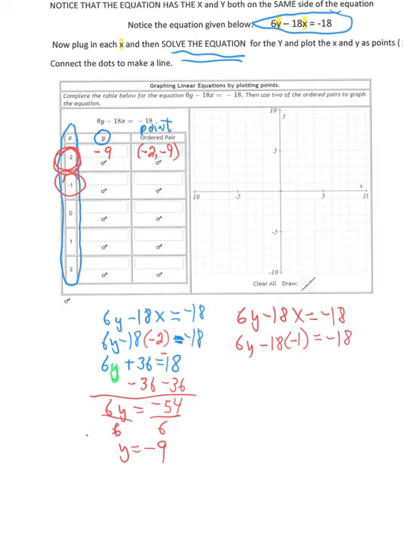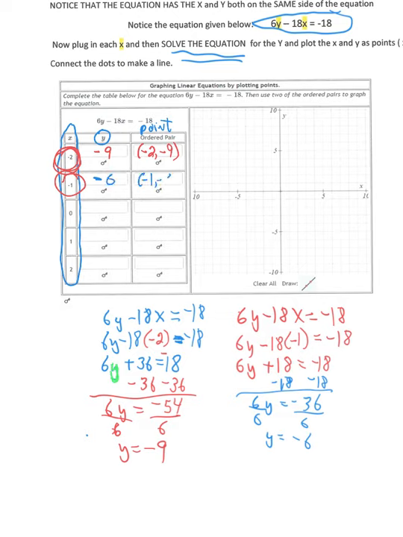Okay, so when I plug that in, I'm going to get 6y plus 18 equals negative 18. I've got to get the y by itself. I've got to take away 18 from both sides. I get 6y equals negative 36. Divide by 6. Y equals negative 6. So negative 1, negative 6.